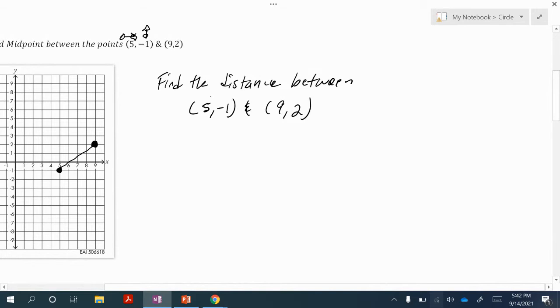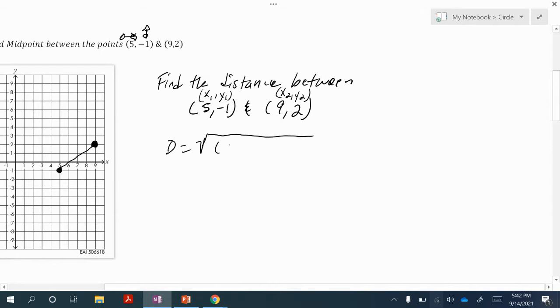We're going to let 5, negative 1 represent our first point, so I'm going to label that x sub 1, y sub 1. We have our second point, which is 9, 2. I'm going to label that x sub 2, y sub 2. And now I'm going to simply substitute into the distance formula.